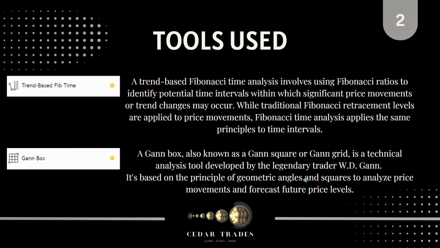But right here in this lesson here, we're not going to be talking about the geometric angles and squares and whatsoever. We're going to be using the Gann box to actually measure a time period, since time is predetermined.